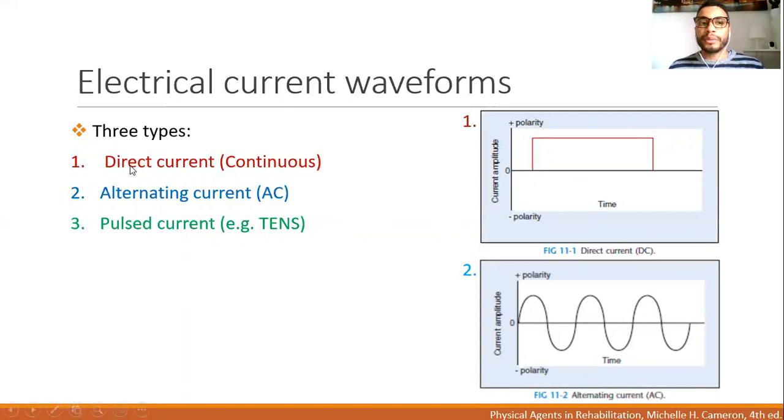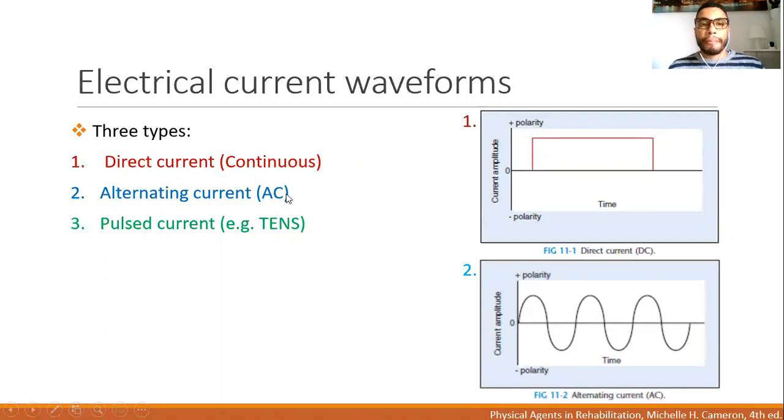So number one can be direct, continuous, or galvanic. They are synonyms. Galvanic because of Galvani, an Italian who first described this type of current. So number one is galvanic, two is Faradic.